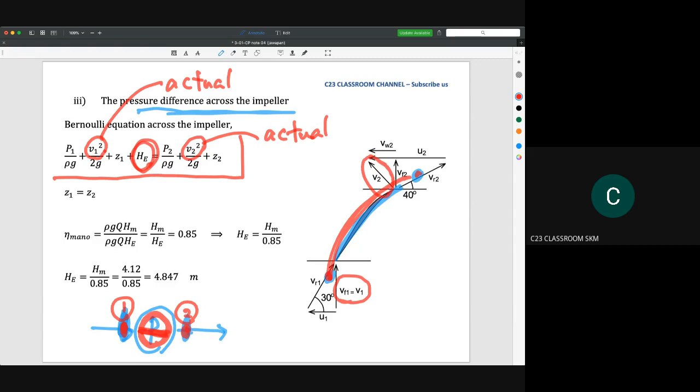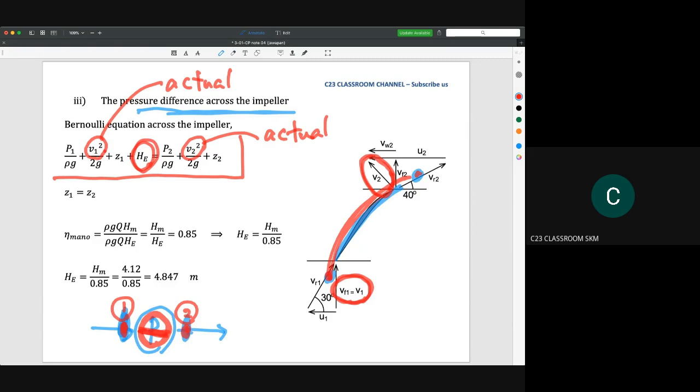You cannot use another component, because component velocity is just a part of the real, resultant velocity. So you cannot use component velocity in the Bernoulli equation. You need to use actual velocity. So here you need to know the value of V1 and the value of V2 to be substituted in the Bernoulli equation.